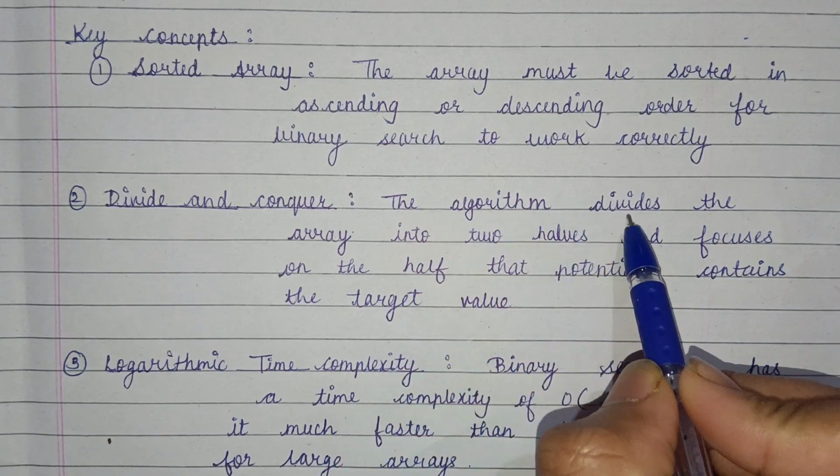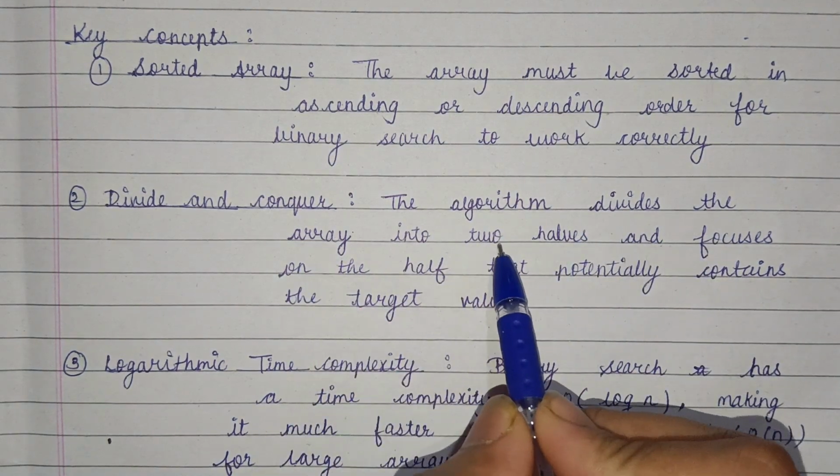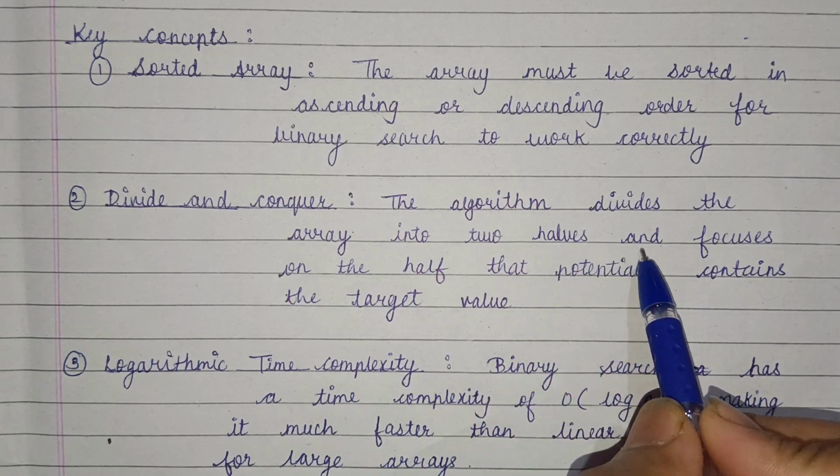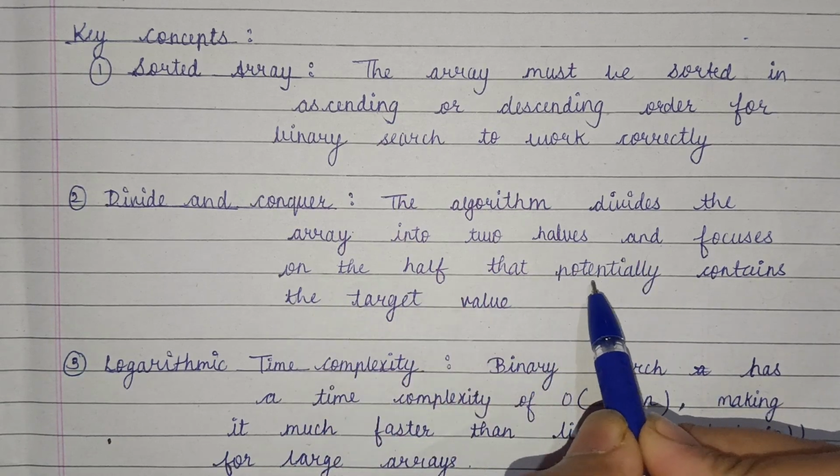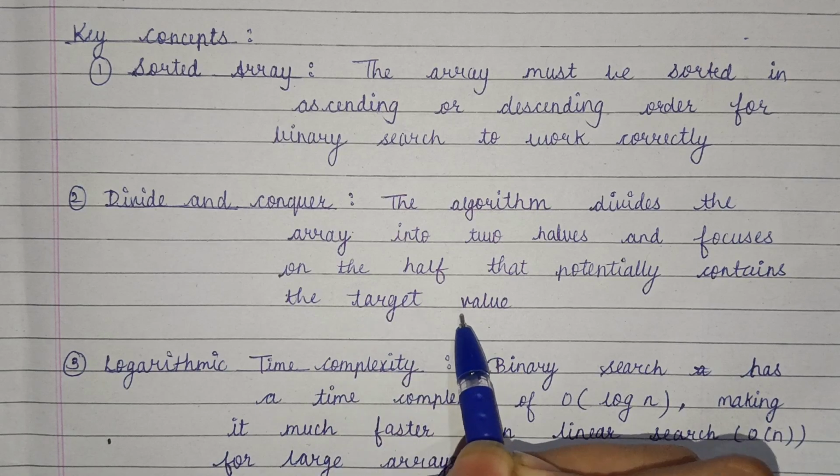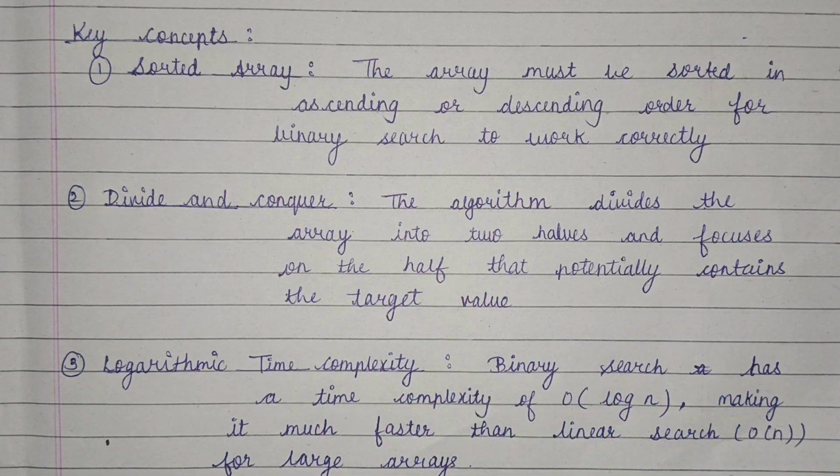The algorithm divides the array into two halves and picks the half that potentially contains the target value, as we have discussed in the above points.